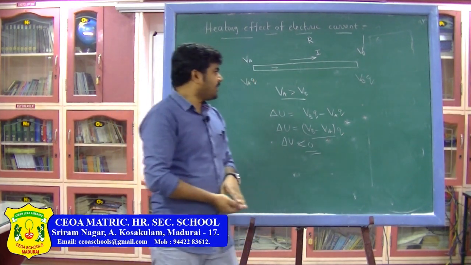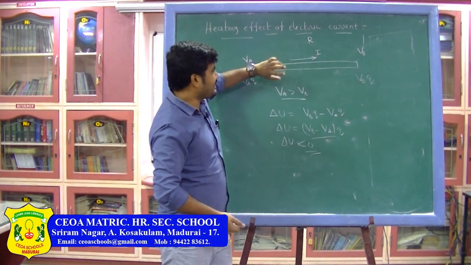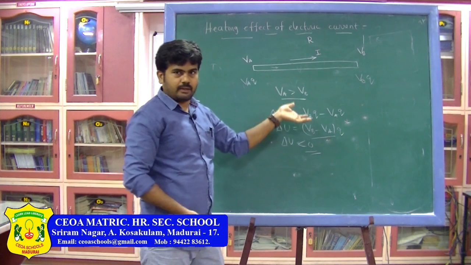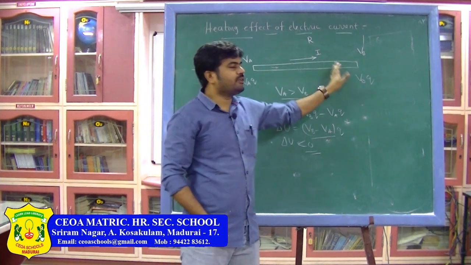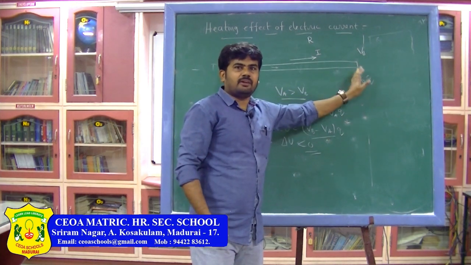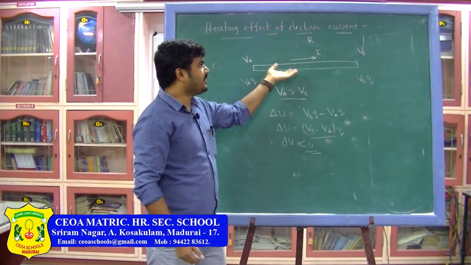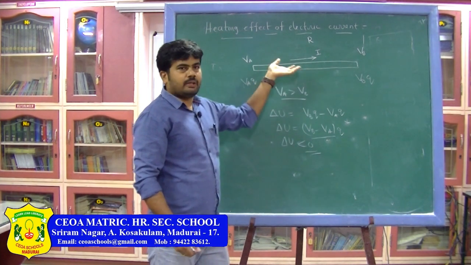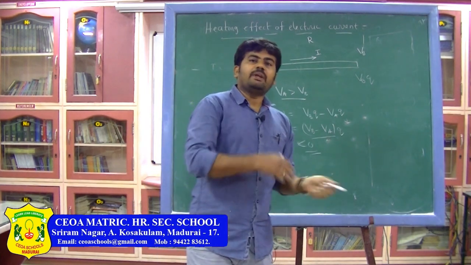So the kinetic energy gained by the electron is transferred to the atoms. This process takes place continuously when charges are moving from one end to the other end. That is how the energy is transferred to the atoms, so that the conductor will start heating slowly. That is the process of conversion of electrical energy into heat energy.